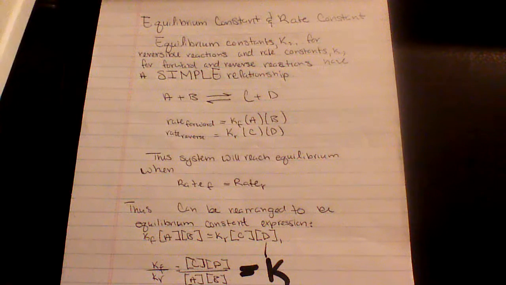To say something is in equilibrium for a reaction is to say that the rate of the forward is equal to the rate of the reverse. Not to say that their concentrations are equal, just that at that time the rate at which they are moving is equal.